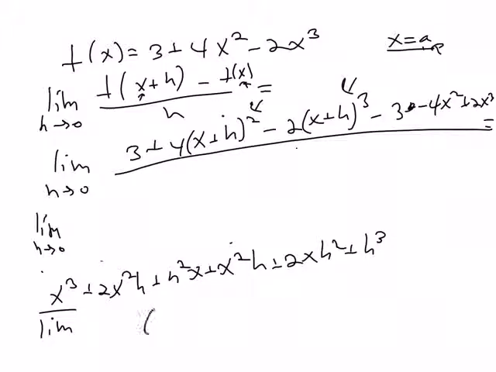What is x plus h times x plus h? This is x squared plus 2xh plus h squared. Okay, so now let's write it.